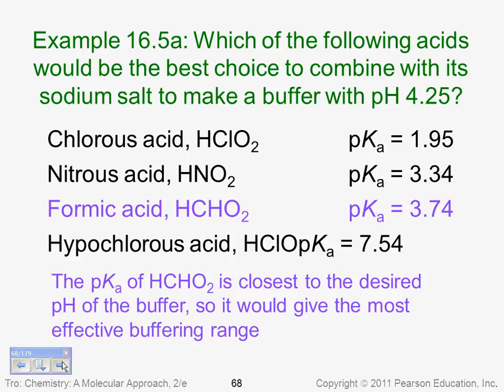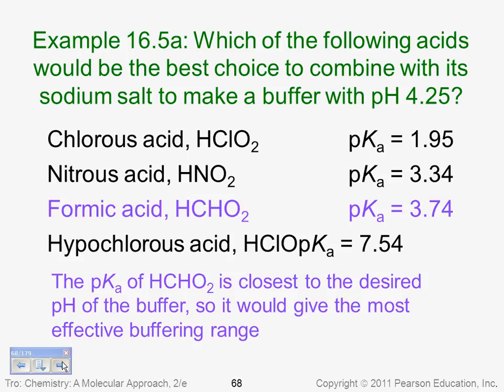Its pKa is 7.54. What kind of a buffer could I maybe use hypochlorous acid for? Maybe I could use hypochlorous acid to simulate blood pH, right?